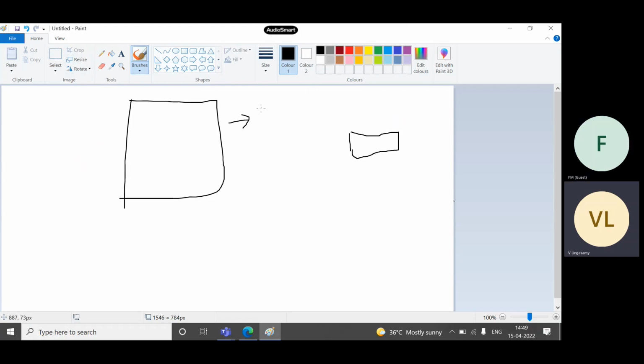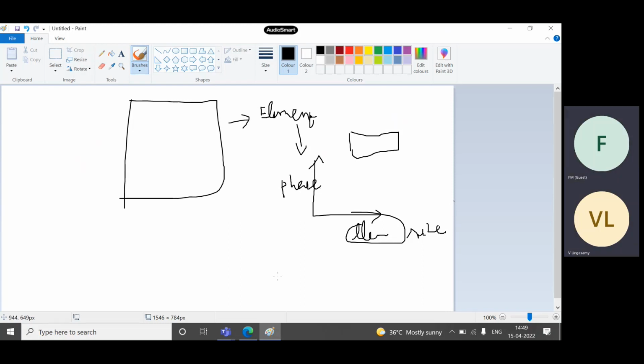The first step is element design. That's why they are asking for an increment report on element design. In this element design, we estimate the element size, or geometrical length of the element, versus phase. It will be something like this.